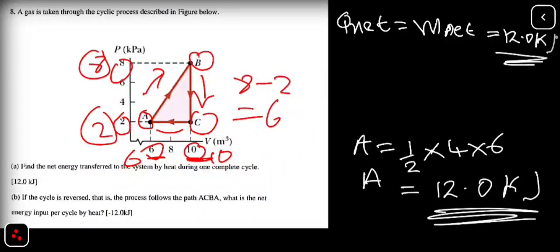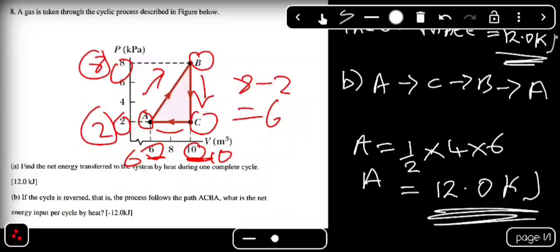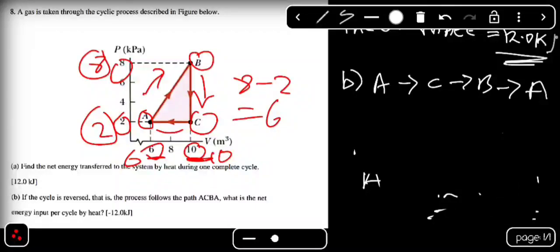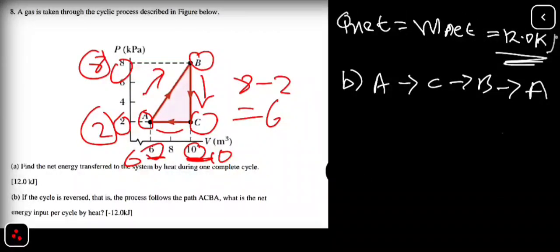The next question says that if the cycle is reversed, meaning we are moving in a counterclockwise direction, which is part B, we move from A to C, to B, and back to A, the opposite direction.